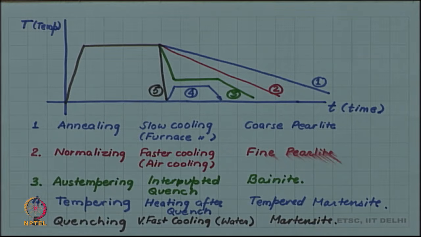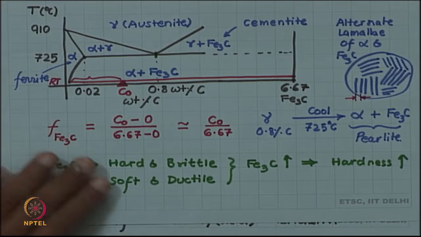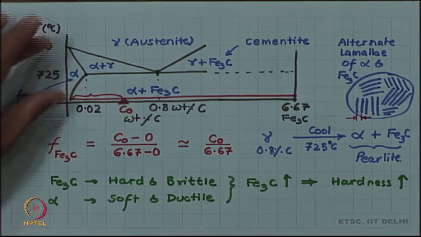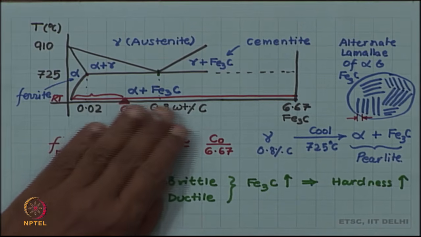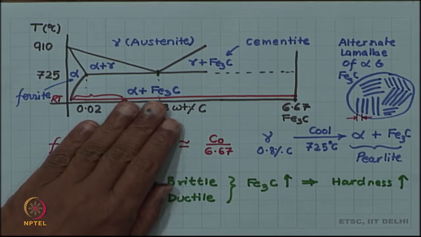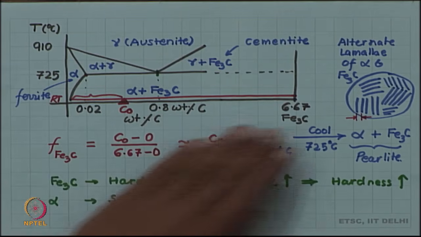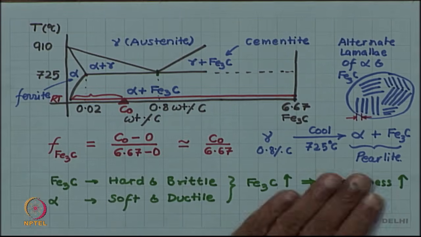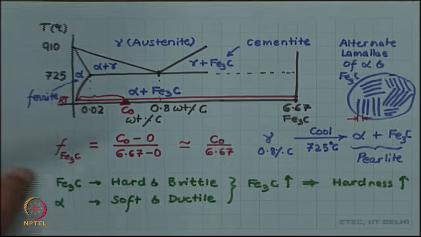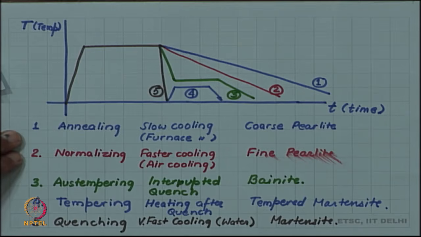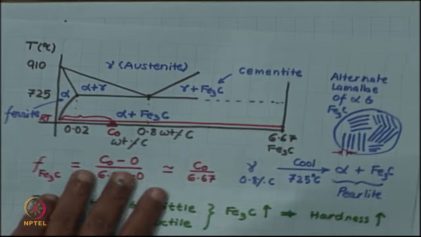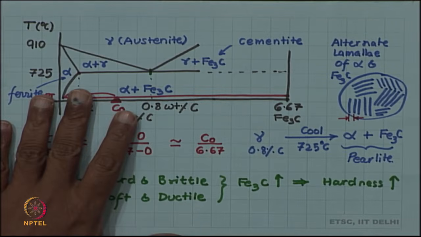Now, if you look at the phase diagram, we cannot explain all these microstructures from the phase diagram alone, because the phase diagram only gives us alpha plus Fe3C, and we have seen that on slow cooling this alpha plus Fe3C is in the form of pearlite. So, maybe coarse pearlite and fine pearlite we can probably relate to the phase diagram, but then bainite, tempered martensite and martensite are not even present anywhere in the phase diagram.